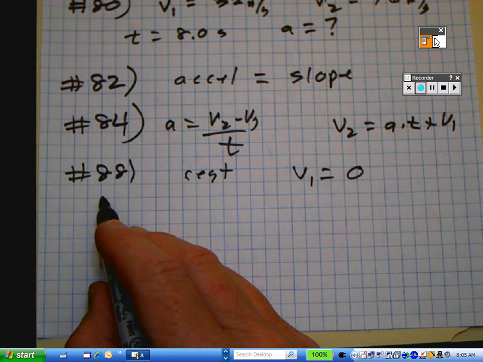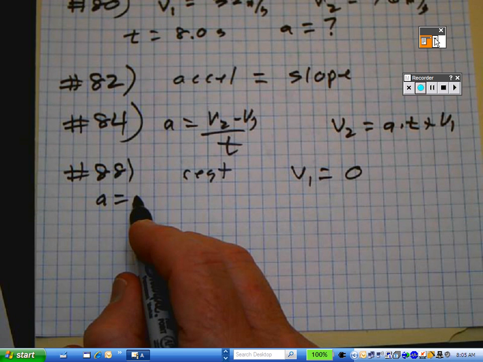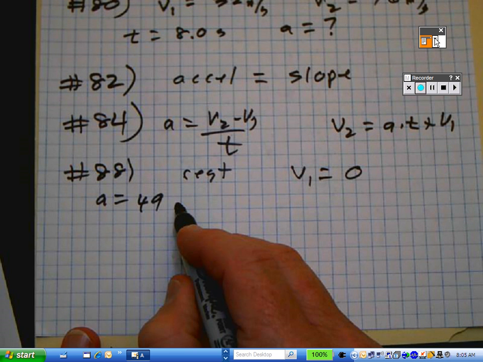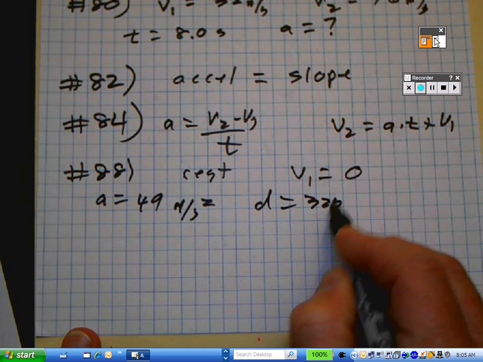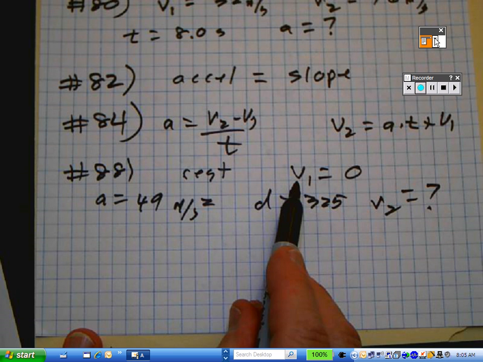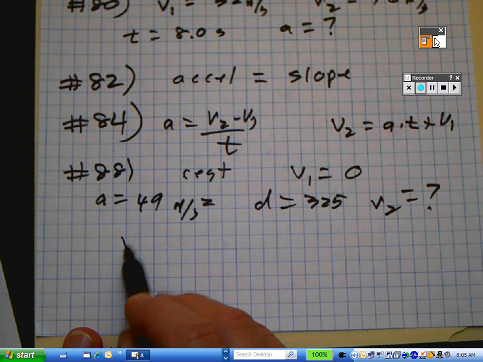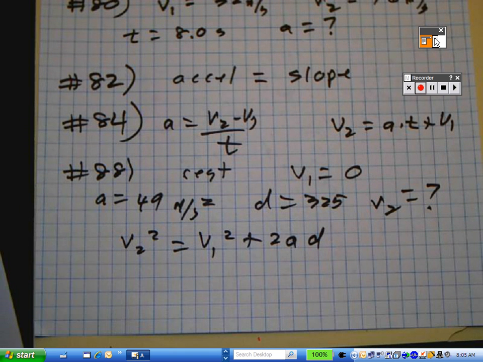Then write the other knowns: acceleration equals 49 meters per second squared, the displacement is 325, V2 equals question mark. Then the one formula that has those four is V2 squared equals V1 squared plus 2ad, and that should give you the solution to number 88.